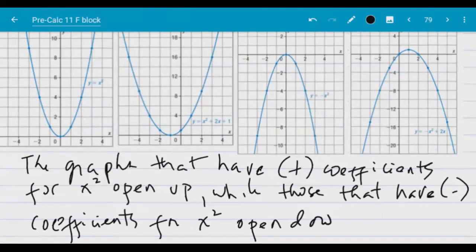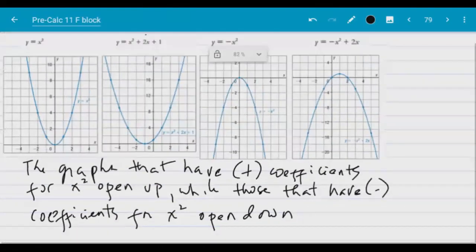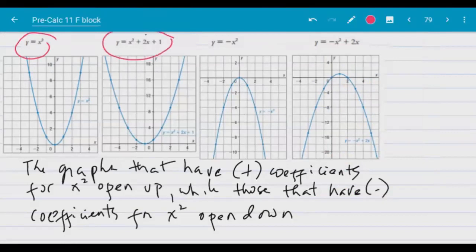So that is what this activity is all about, guys. As you can see, these two, y equals x squared and y equals x squared plus 2x plus 1, what do you notice about the number in front of the x squared? It's positive 1. When the number in front of the x squared is positive, the graph will open up, like this.